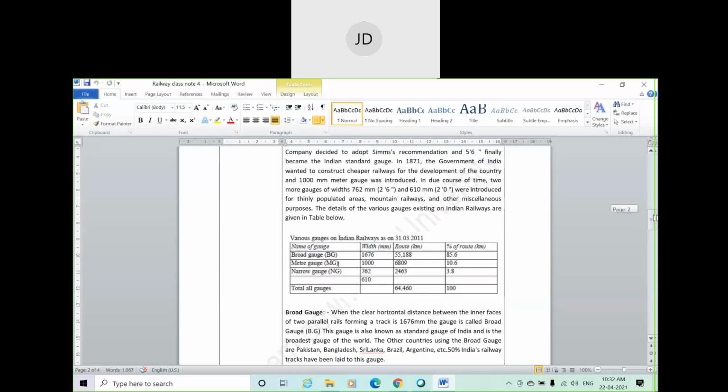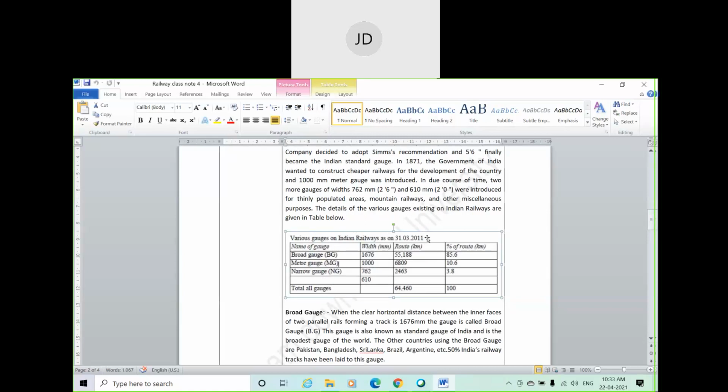If you look closely at this tabular format, it shows the various gauges on Indian Railways up to the date of 2011. This data reflects the Indian railway track length up to 2011.